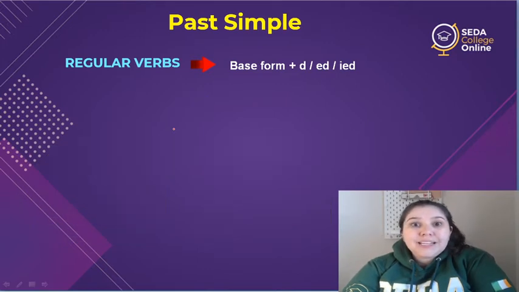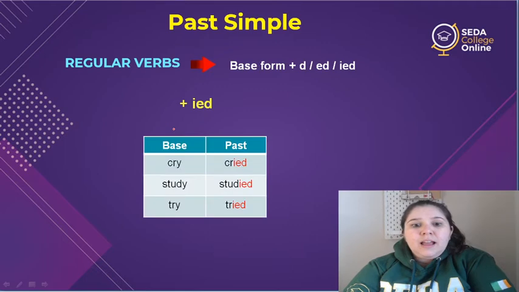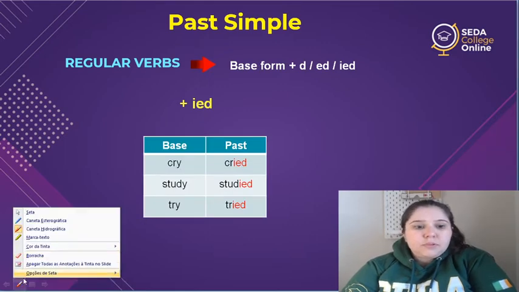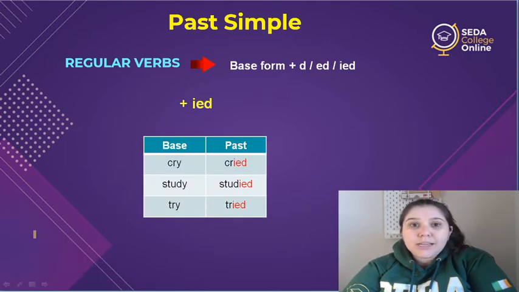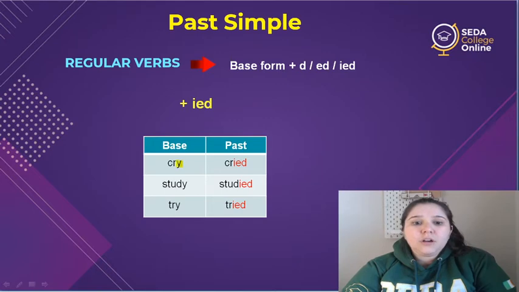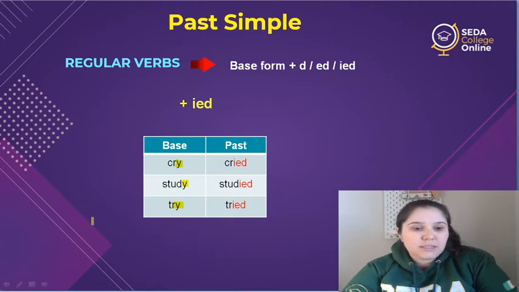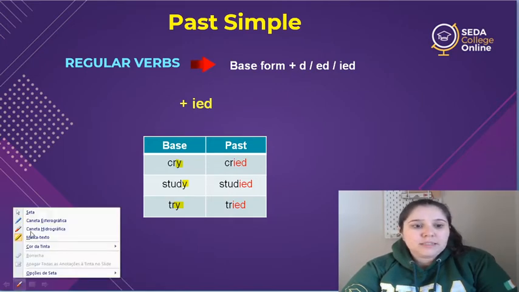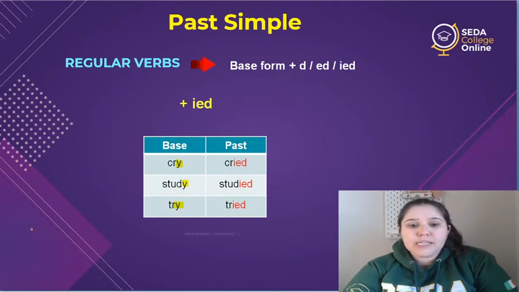Then let's talk about IED. Let's see again these examples. Cry, cried. Study, studied. Try, tried. So what do these verbs have in common? They are also finished in Y, teacher. So why here add IED and not just ED? Because these verbs are finished in Y, but before that we have a consonant.